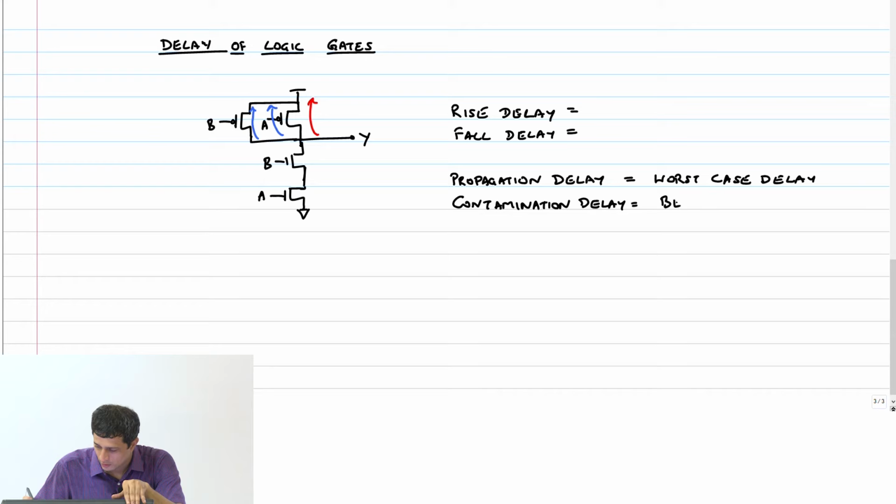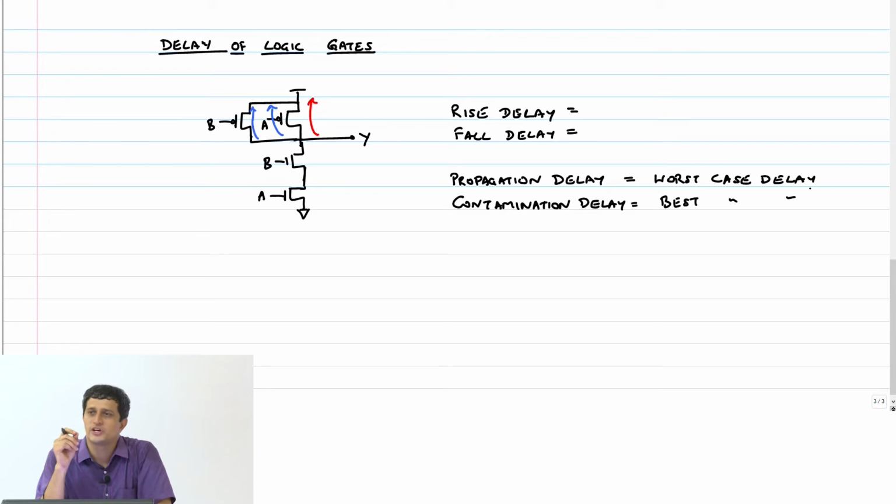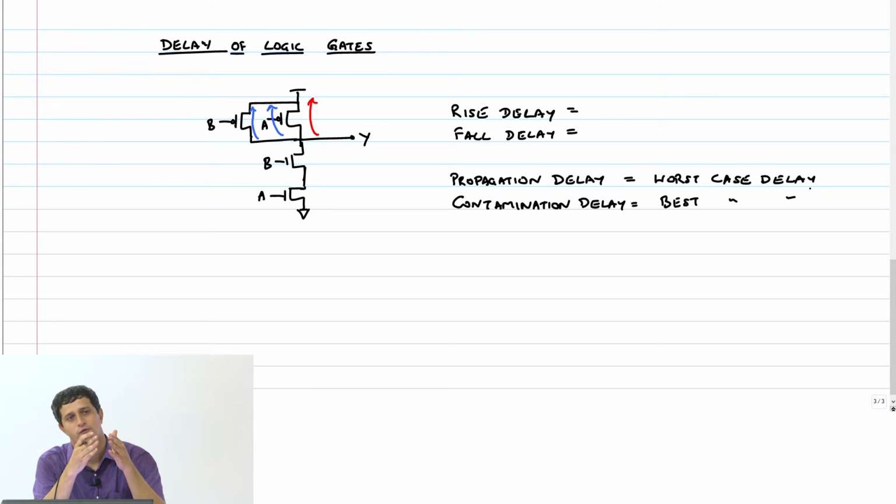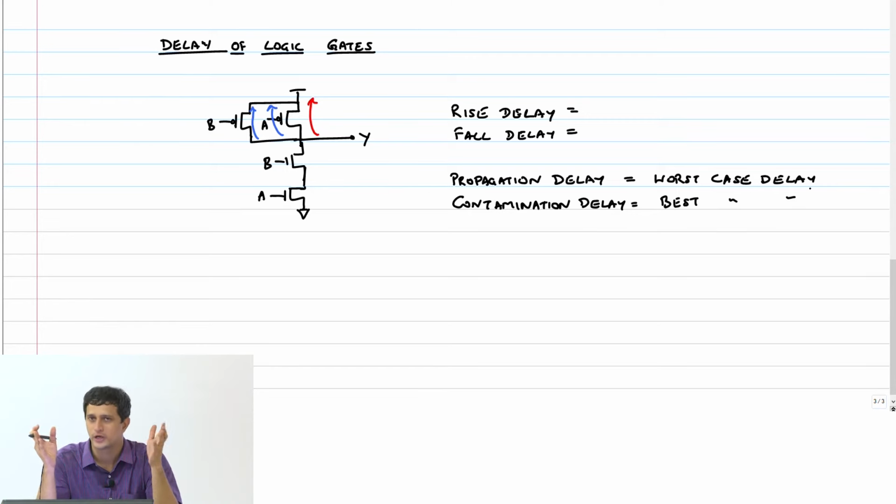This is your best case delay. Contamination has a negative connotation to it because in sequential circuits, contamination delay can actually affect your circuit quite significantly because data can race through the gate and go and affect your flop in the next stage, right? While the flop is trying to capture data of this particular state, data of the next state can just race through and go and contaminate that flop, and therefore it has a negative connotation to it. It's called contamination delay, right? That's all. But just keep these two in mind for now.